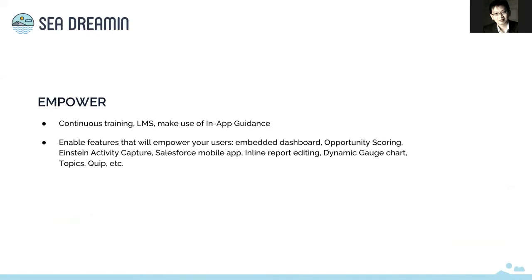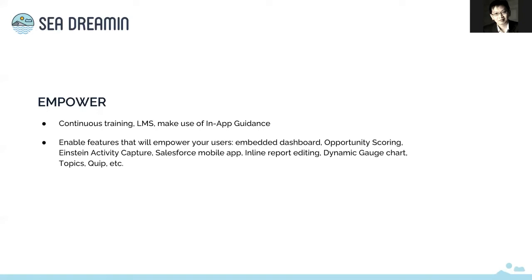This last one: empower with continuous training, whether you use a learning management system or make use of in-app guidance or MyTrailhead, which is not free, but yeah, that's the idea. Your users need to keep understanding the changes in the system, in Salesforce.